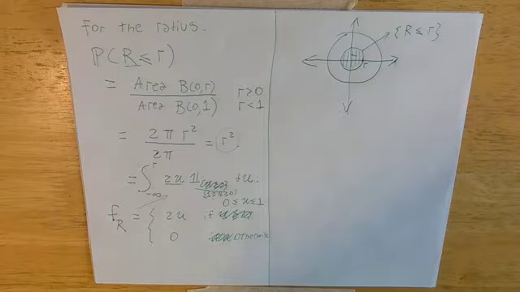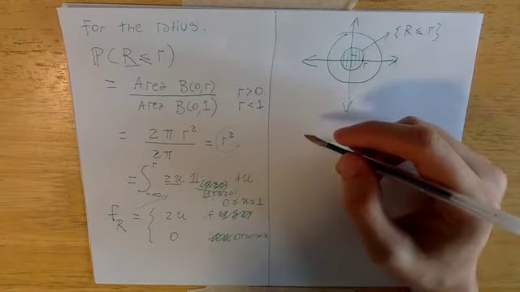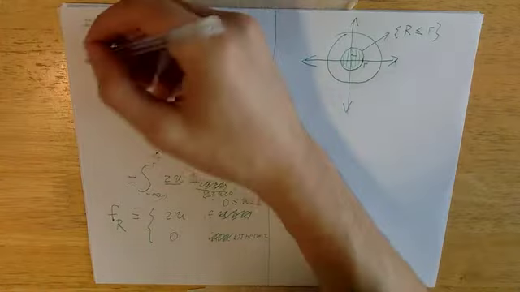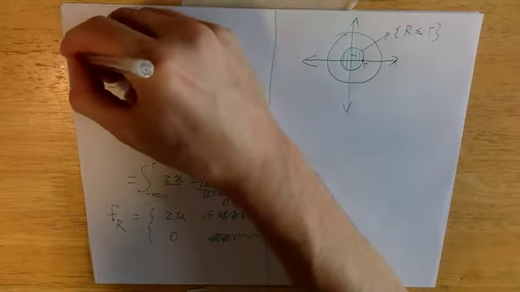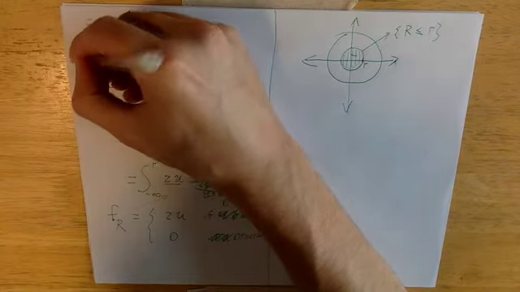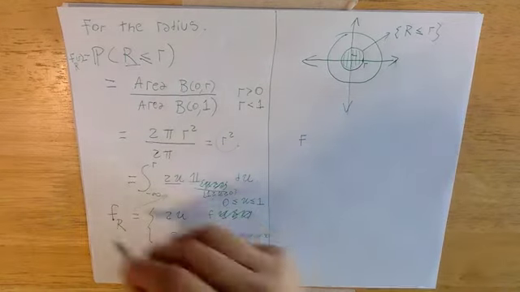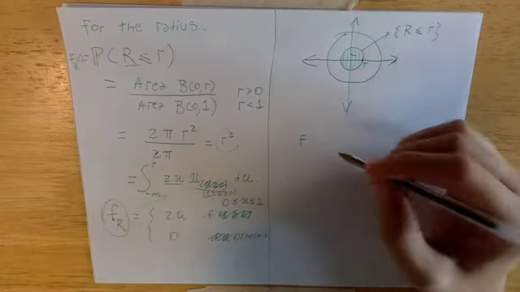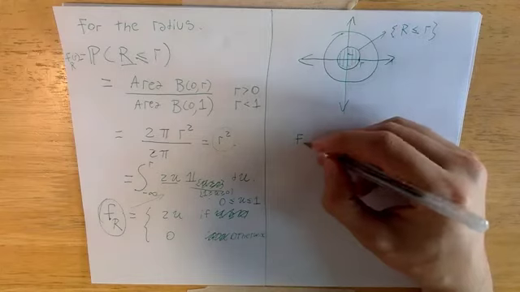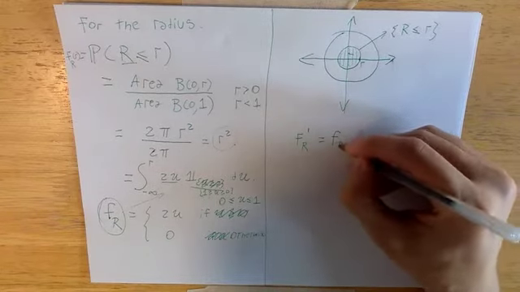In particular, this is my cumulative distribution function, which is F_R of little r. And then to calculate the density function, little f of r, we use that F_R prime is little f of r.